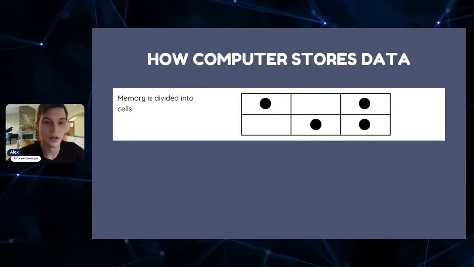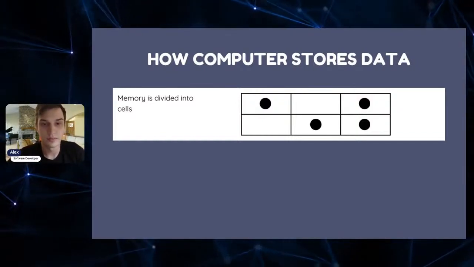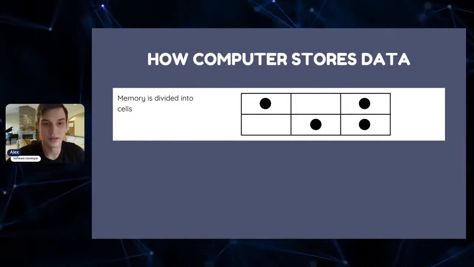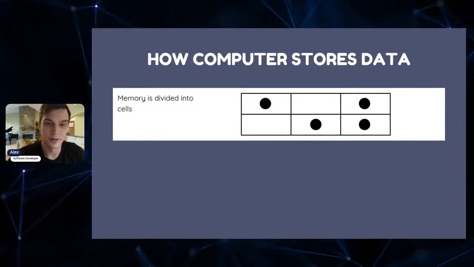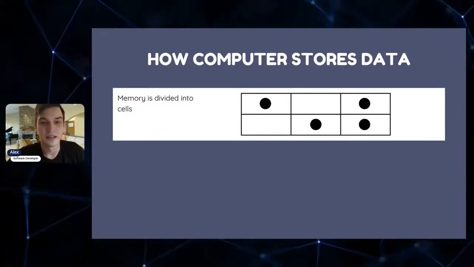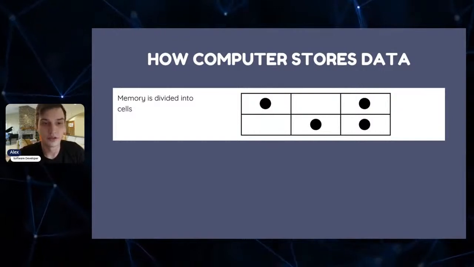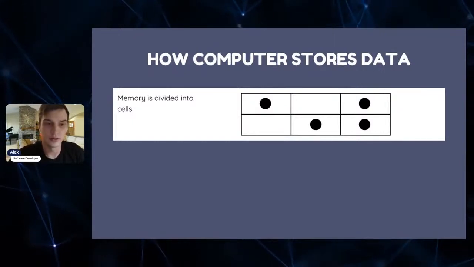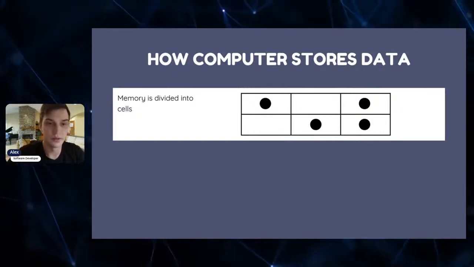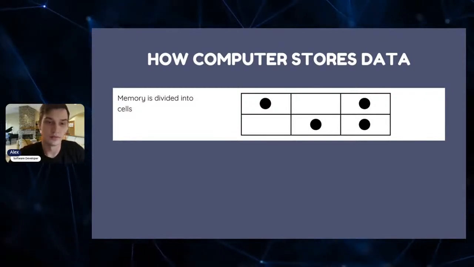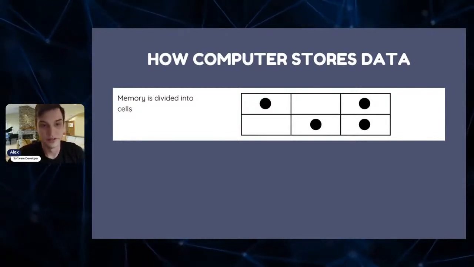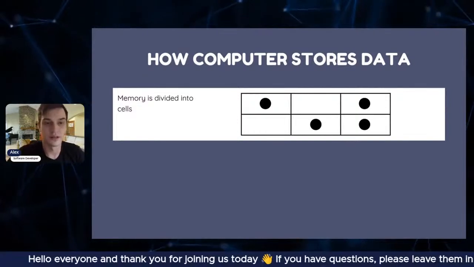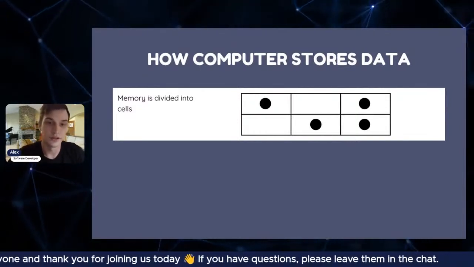Usually this something is an electron, here a black circle. If in a cell there is an electron, the value of the cell is 1. If there is nothing, it's 0. Reading this memory, the computer can understand that there is something or there is nothing.